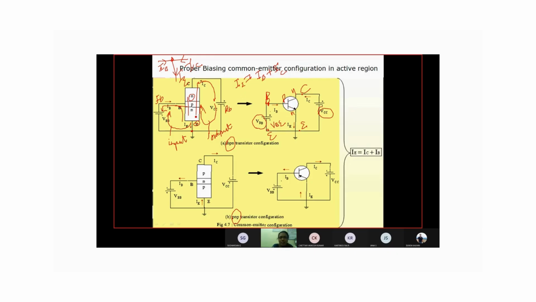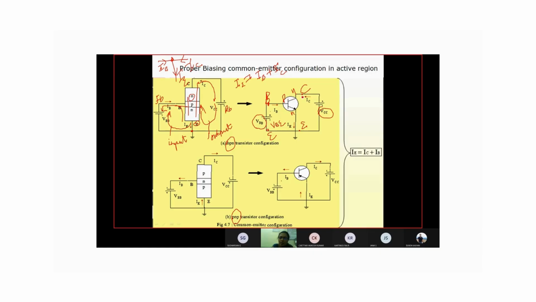Instead of the bar-like structure, we have drawn the transistor. Transistor has 3 terminals. This is your emitter, this is your collector, and this side is base. So in the input side, we have represented the voltage as VBB. Even that can be rewritten as VBE, because it is nothing but voltage across base and emitter.